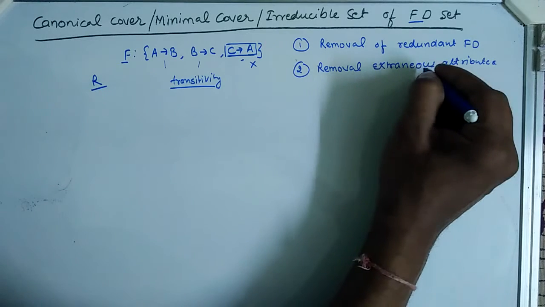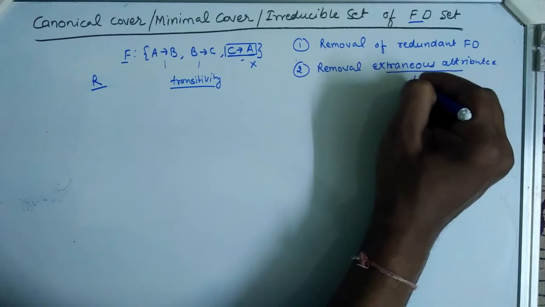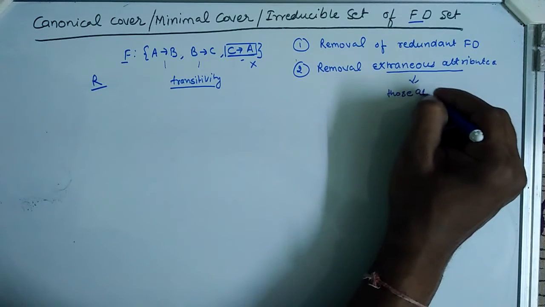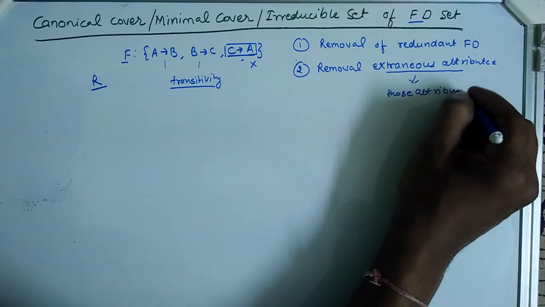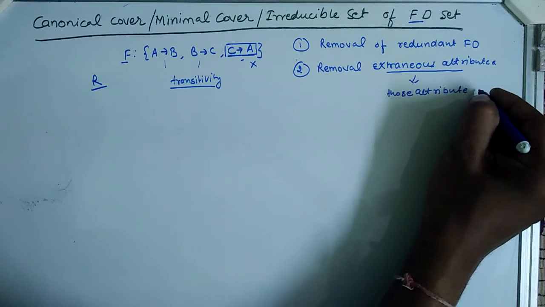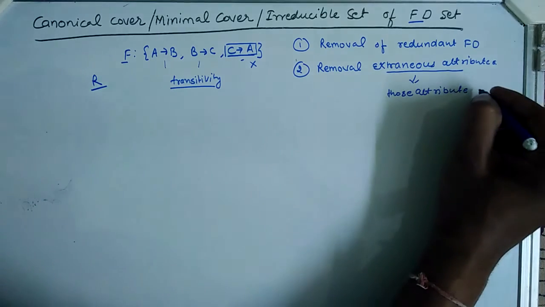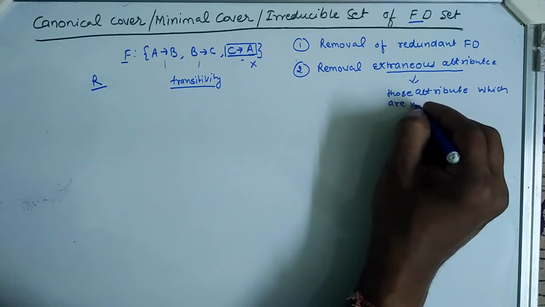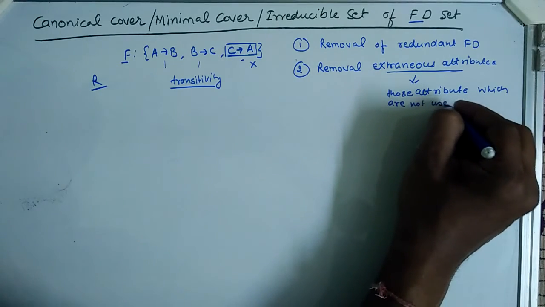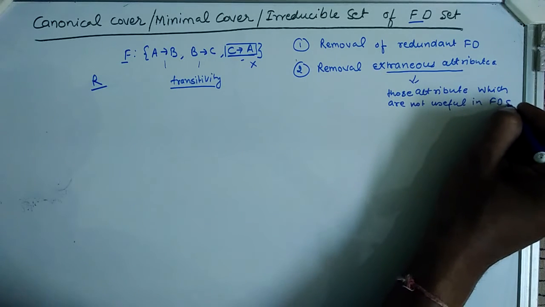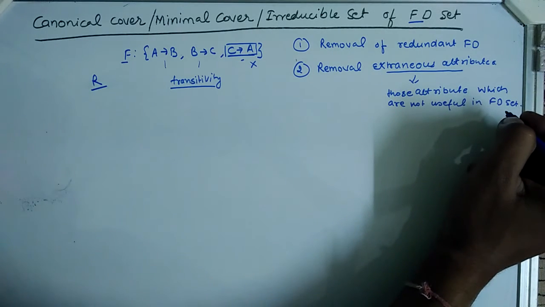So what are the extraneous attributes? Those attributes which are not useful in the functional dependency set.